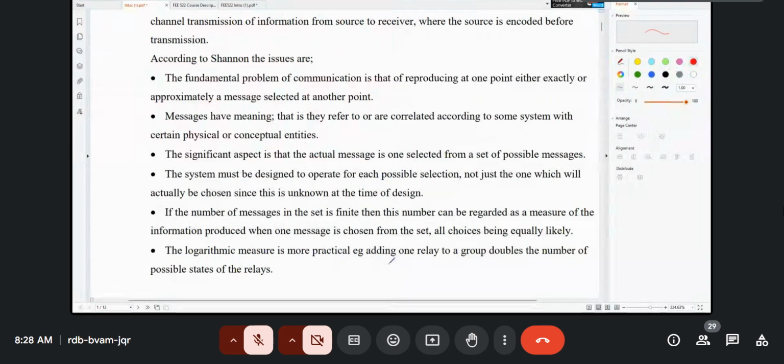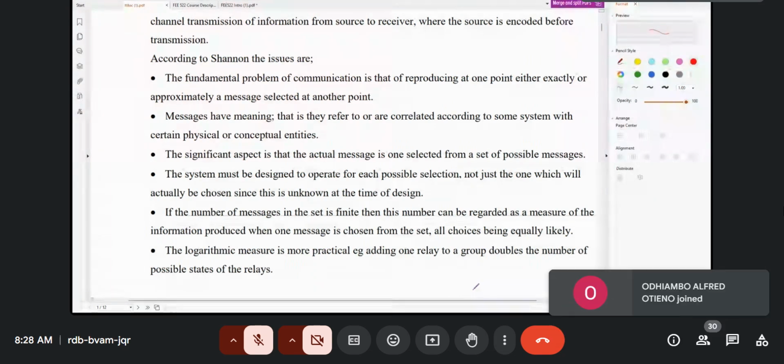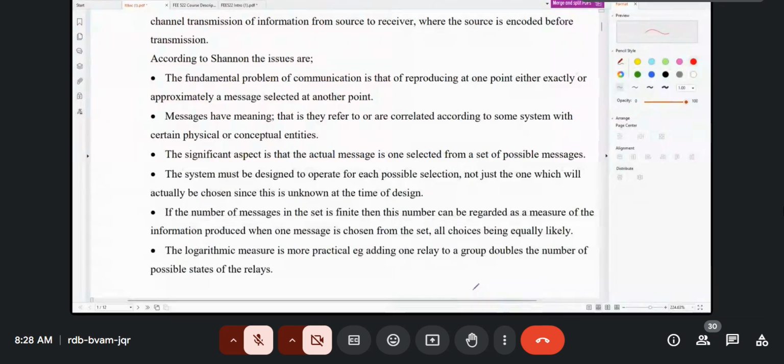And the argument was that adding one relay doubles the number of possible states of the relay. And that's what actually happens in communication. Adding one bit doubles the number of possible positions, because adding one means you're multiplying by 2 to the power 1.